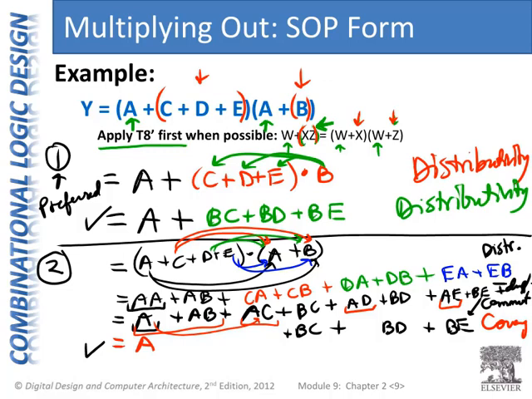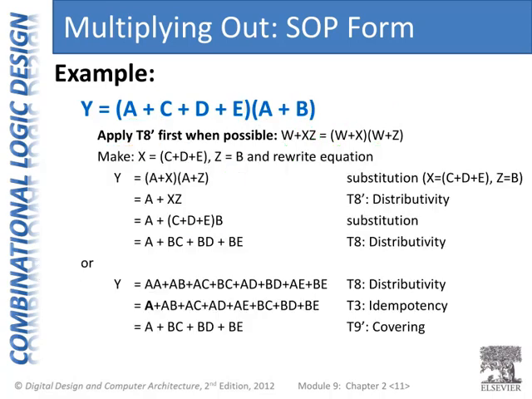So again, method 1 is the preferred method, where we recognize that we can apply T8 prime first. But method 2, just straight multiplying out, also works, it just takes more steps. And the more steps you have, the more chances you have to make an error. Here is our simplification method that we just used, written out, method 1 and method 2.